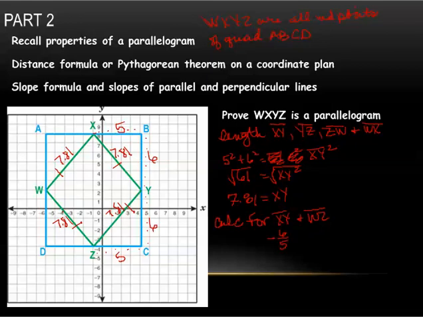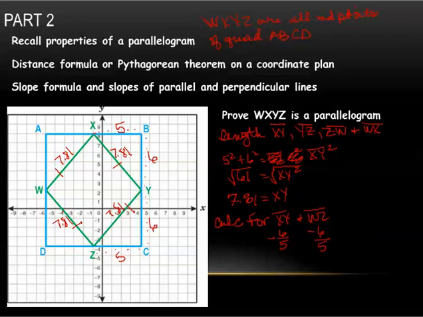There we go. Now then for WZ, same thing. It's sloping down from left to right, so I know it's negative. My rise is going to be 6. My run is going to be 5. So my slope for WZ is also negative 6/5.